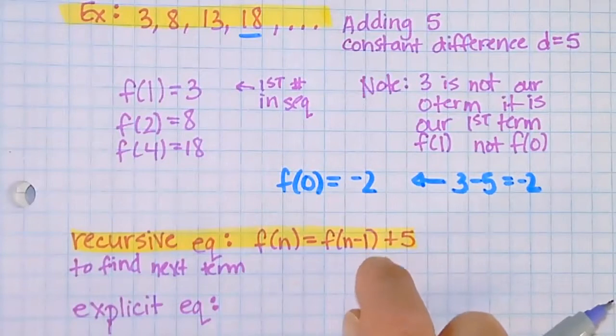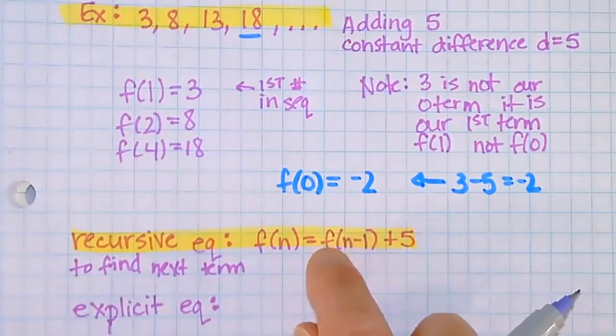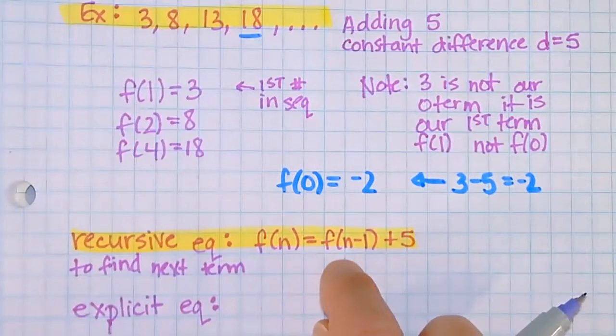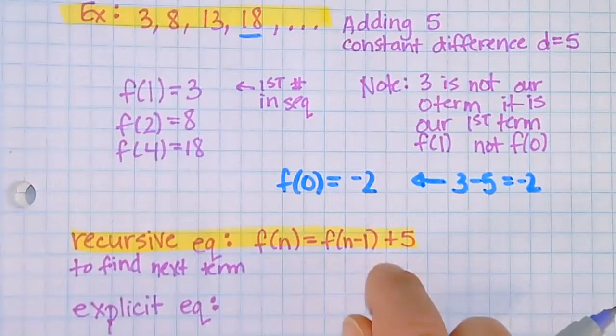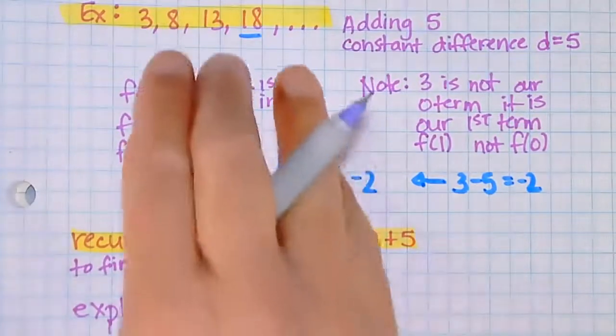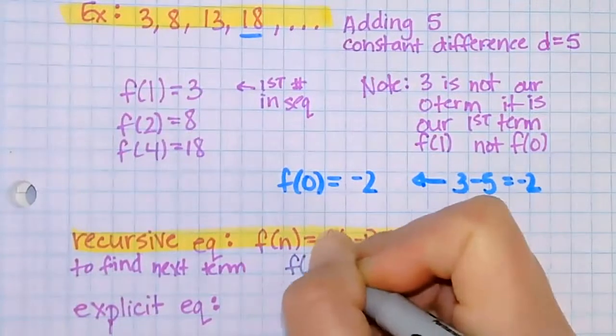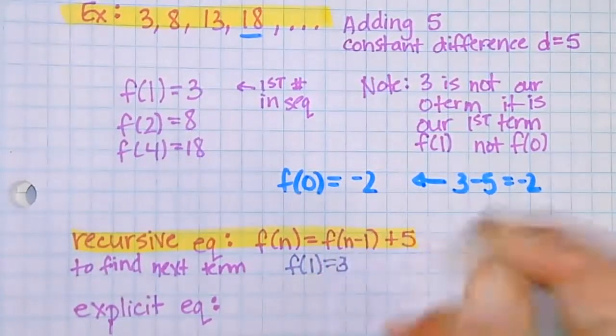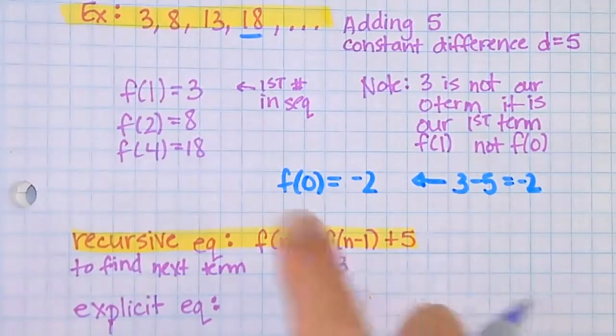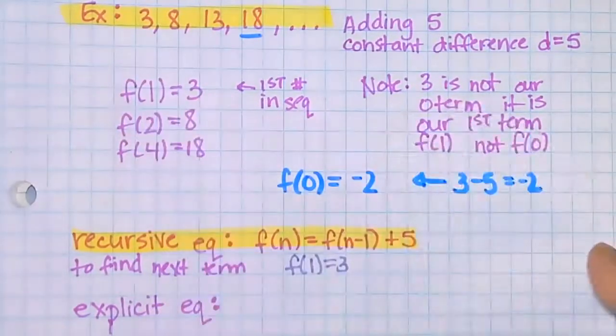But like the one on our review for our final, they gave us an equation like this, and they gave us a first term, and they said, okay, find the rest of the sequence. And we could just keep adding the 5. But in this case, if I didn't see the equation, I wouldn't know what to start with. So usually we would say, hey, f of 1 is 3. And that tells me, hey, we're going to start with 3 for our first term, then add 5. Okay.